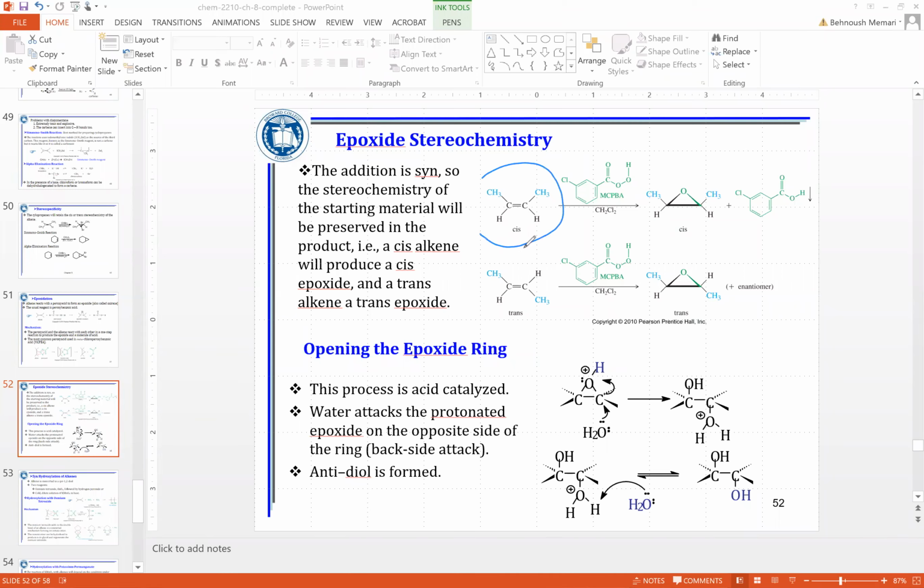Are you going to get a cis product or a trans product? When you have a carbon-carbon double bond, cis and trans is applicable. In this case, you have two methyl groups on the same side, so it's a cis reactant.